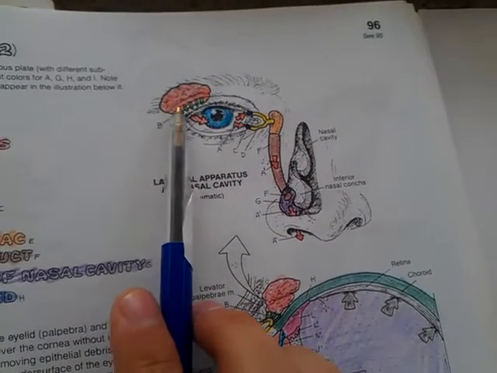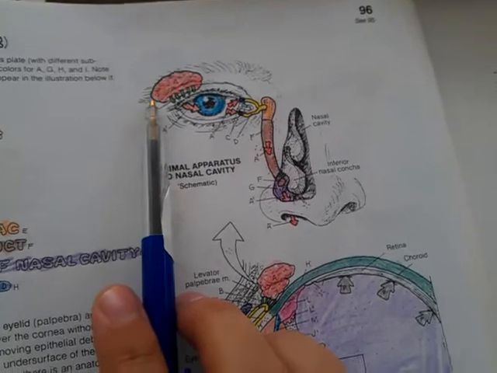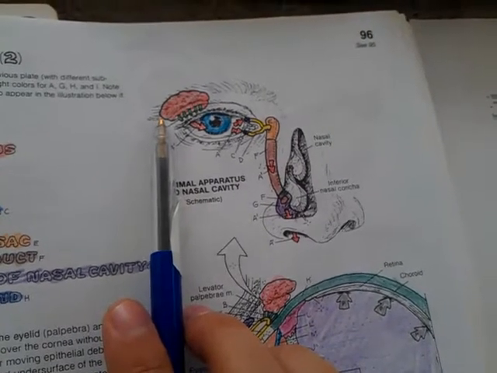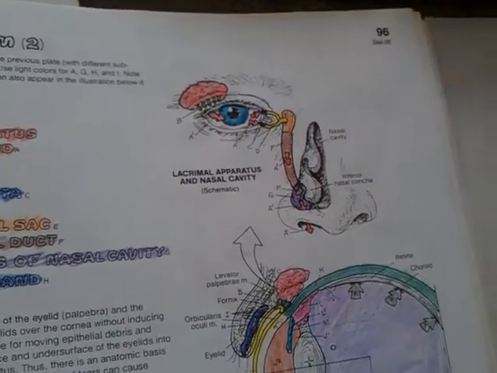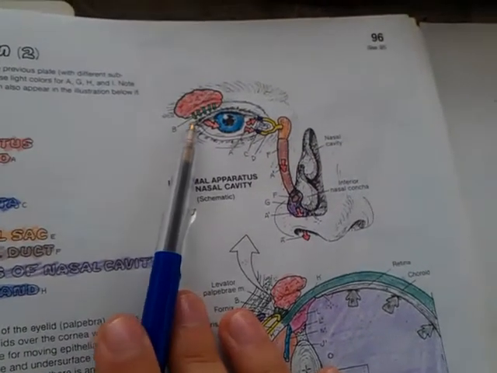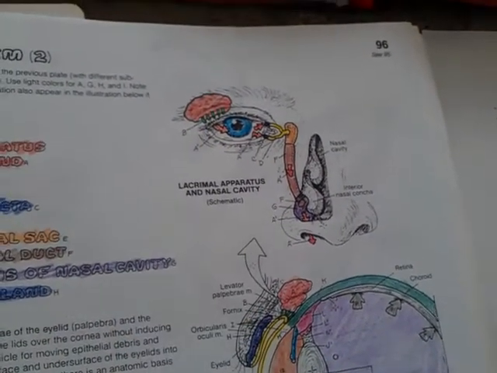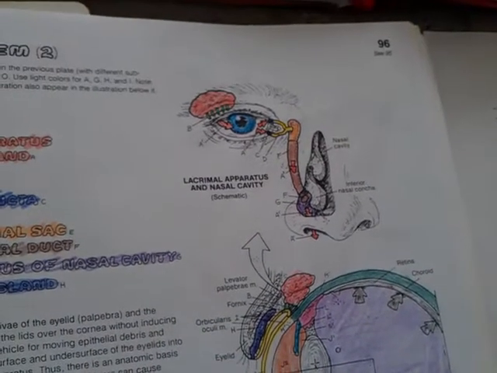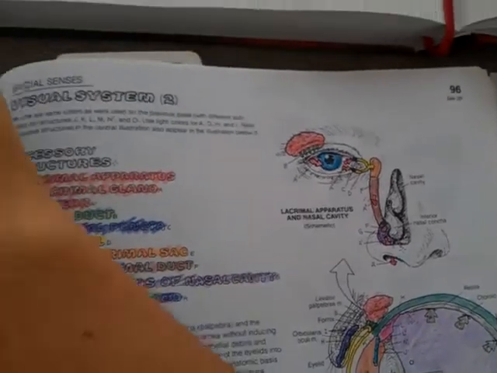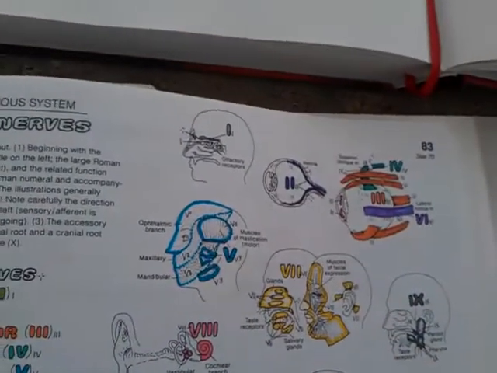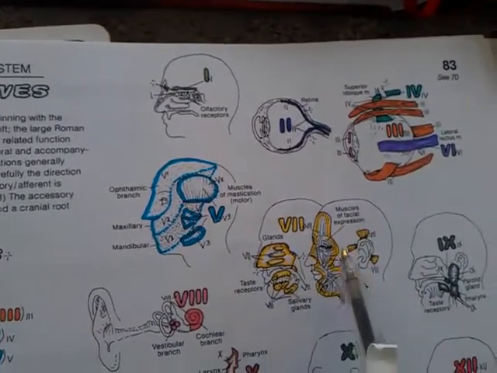They are separated by aponeurosis of levator palpebrae muscle. There are about 12 ducts which open into the superior fornix. The nerve supply is by the 7th cranial nerve, which is the facial nerve.